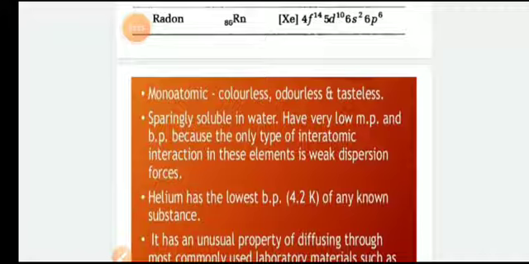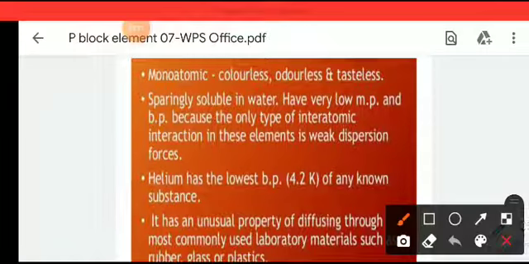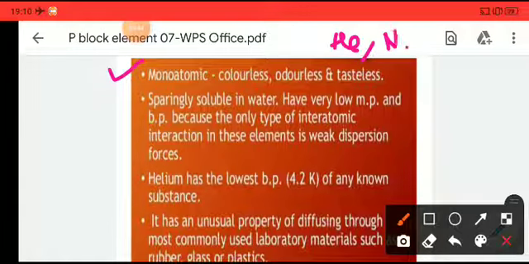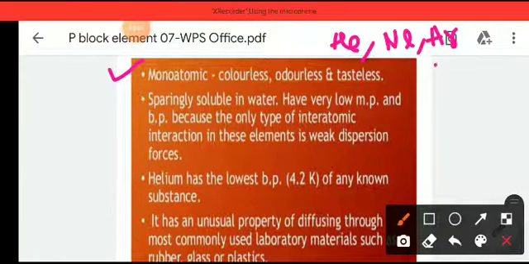Group 18 non-metals or inert gases are mainly monoatomic. That is why they exist only as monoatoms: helium, neon, argon, krypton, xenon and radon.